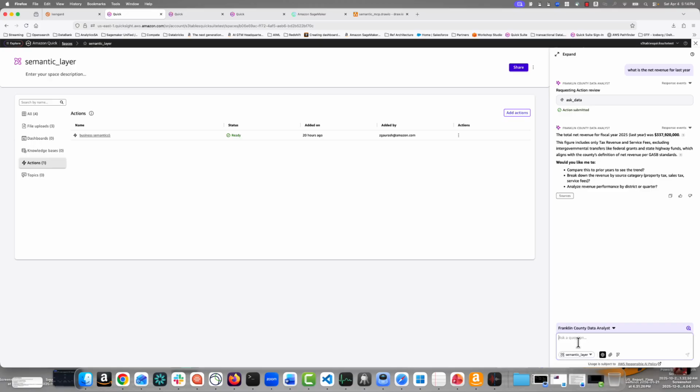Now let me ask some more questions, which will include both unstructured and structured context. Let me quickly pull a question here. Now let me ask, are we meeting SLA targets? Because it has to understand what SLA targets are, and then it will try to calculate the SLAs for critical service requests.